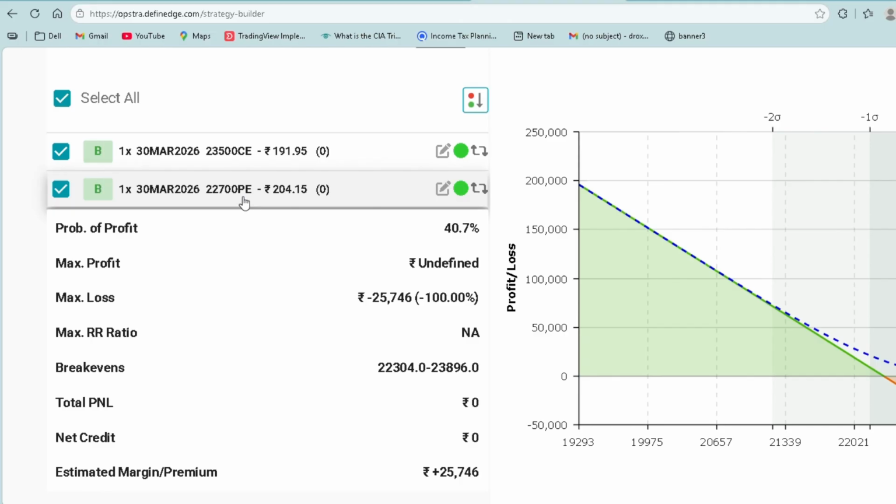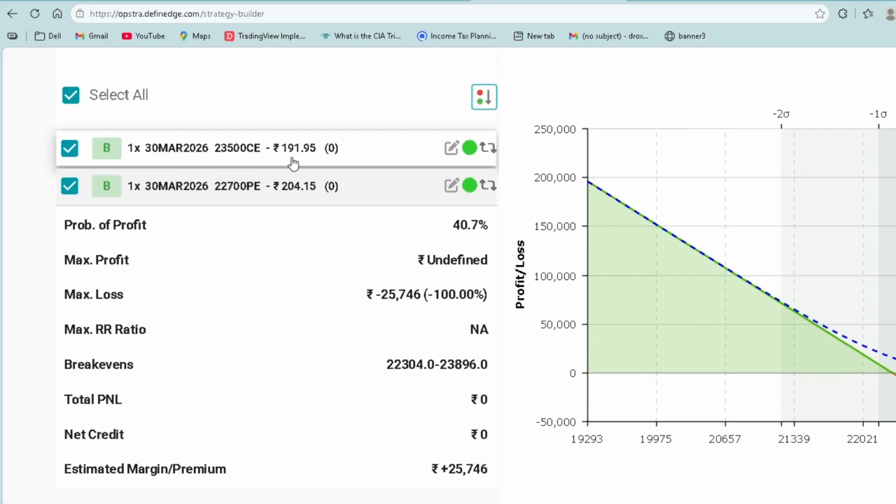So I have chosen this strike price to show, and right now see the premium is 191.95 and 204.50. Same expiry, that is 30 March, and the probability of profit is 40.7%.